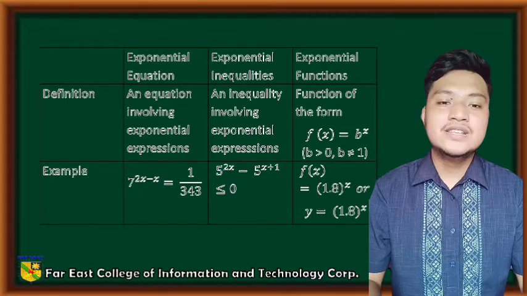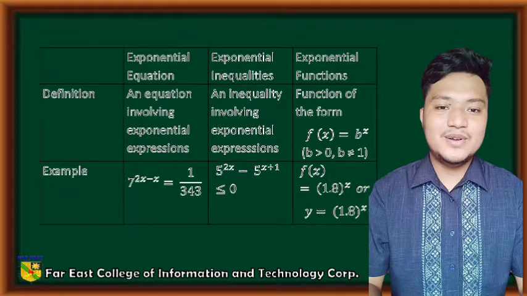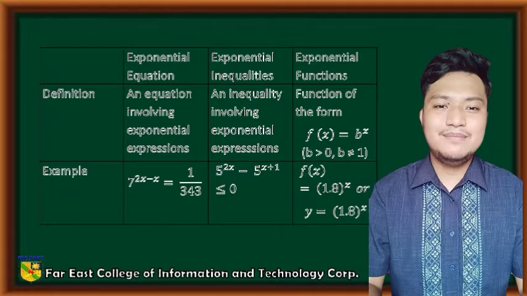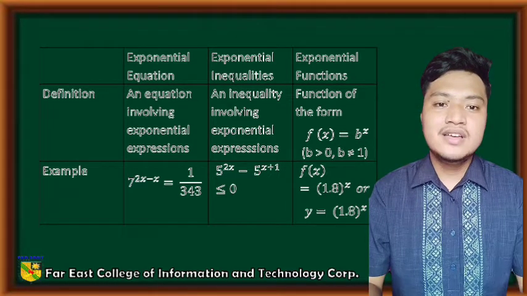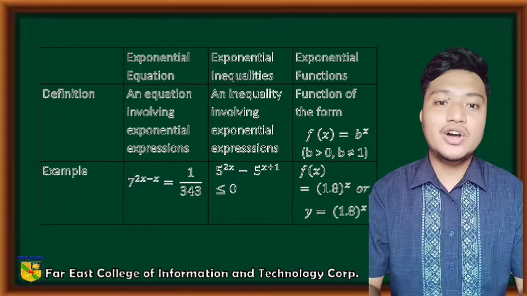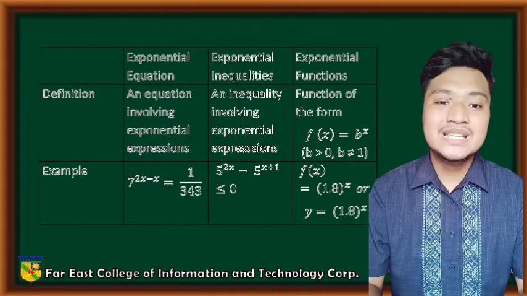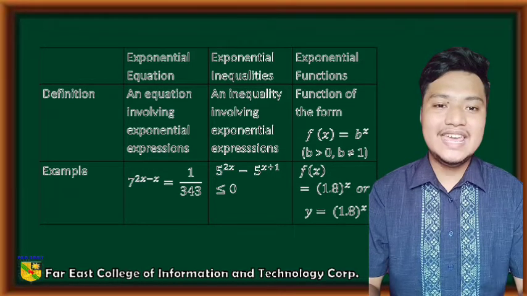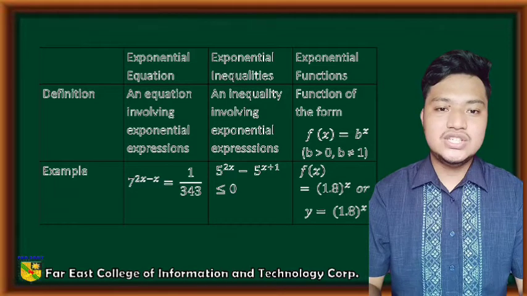Wala. So, masasabi natin na ito ay exponential expression. So, paano ba natin masasabi kung exponential equation ito? Meron tayong nakikita na symbol na equal, from the root word of equation, equal. So, pag meron tayong nakitang equal, masasabi natin ito ay exponential equation.